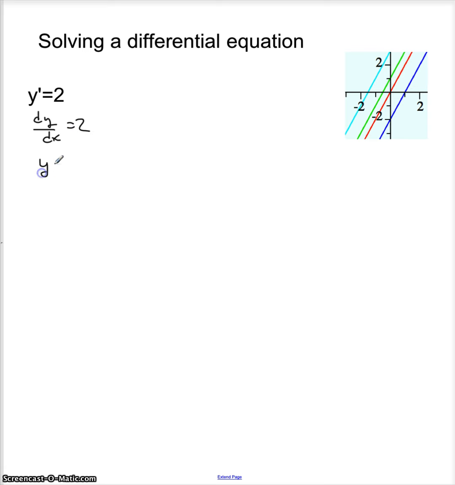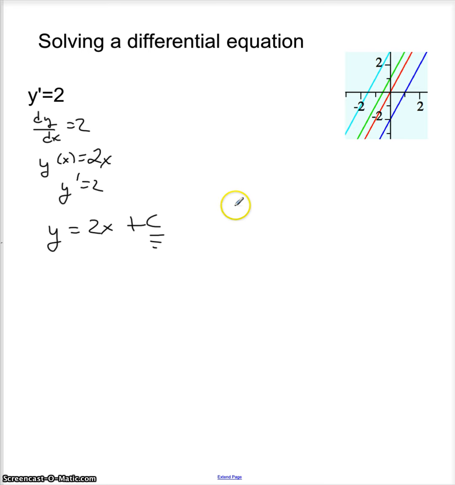If I let y of x equal 2x, I know y prime is 2. Aha! So I know that y is going to be 2x. Now it's plus some constant. So all of these functions right here are solutions to this differential equation. The slope is 2 for every one of these curves. You have to include this c.